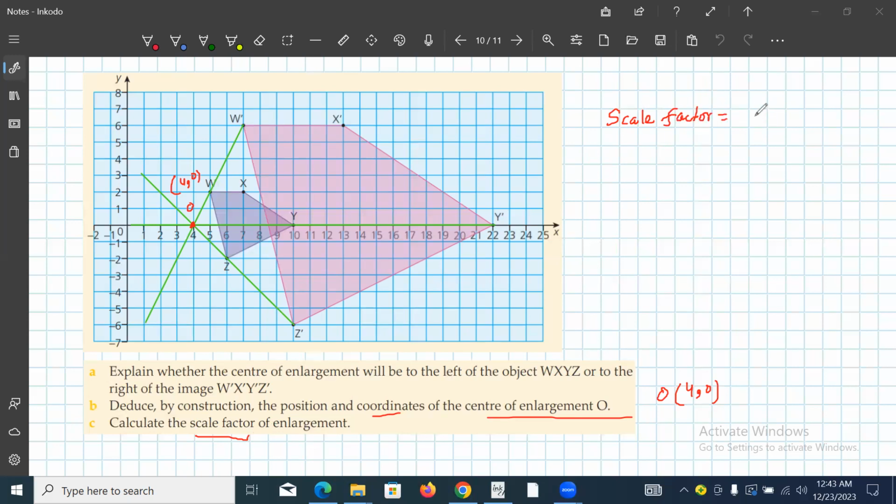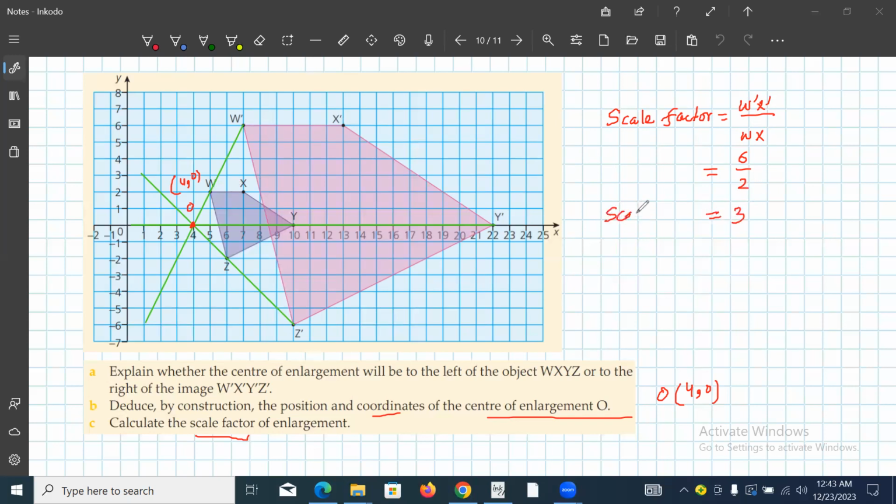For example, we are looking at WX. So W dash X dash is the image, and the corresponding length of the object is WX. Now you just count the number of boxes. So we have 1 2 3 4 5 6. Divide by W to X, we have 2 boxes. So 6 divided by 2 gives us 3.